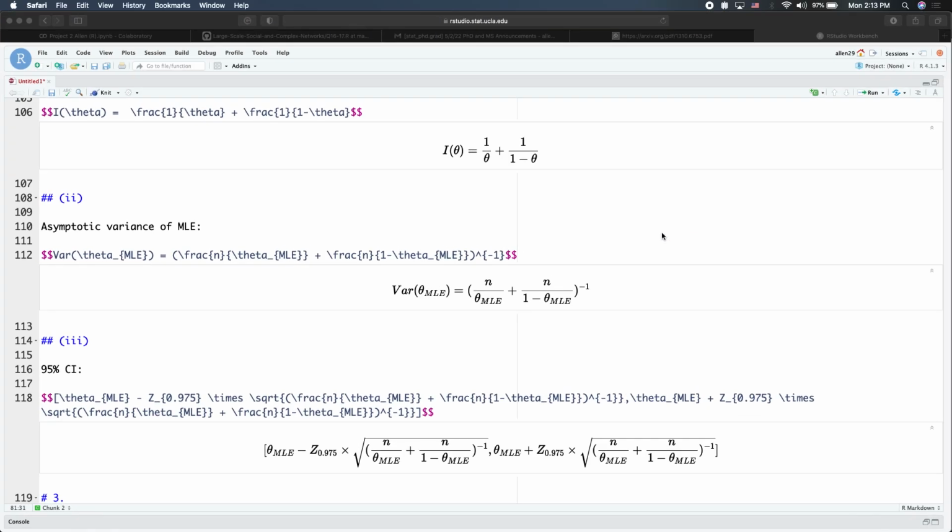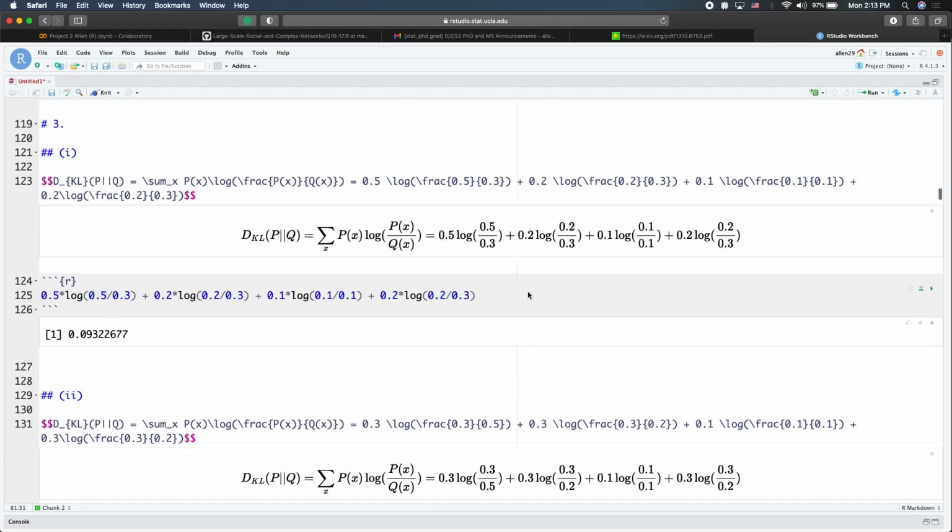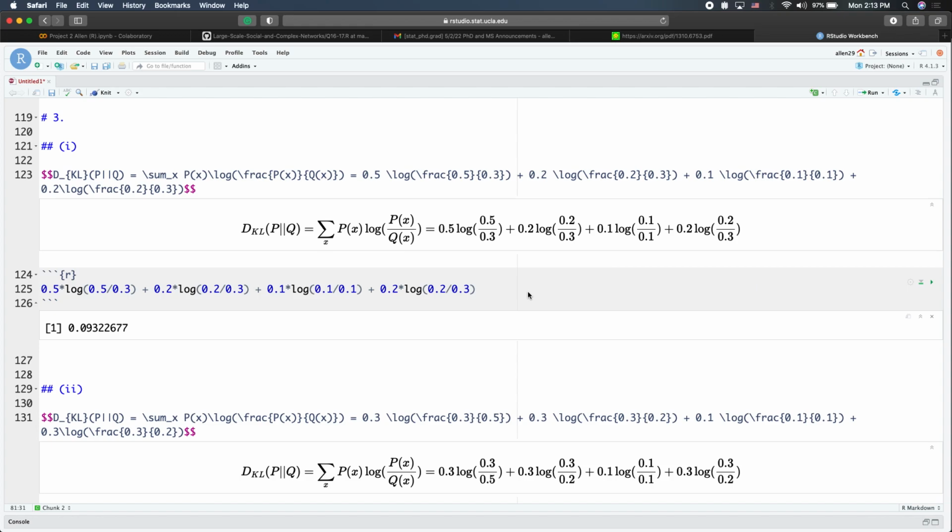To calculate that, we basically just plug in numbers into the KL divergence formula. The KL divergence from P to Q is the summation over all possible x in the sample space, which is 0, 1, 3, 5 in our case, or 4 categories, of the probability for that observation multiplied by the log of the probability for that observation over the probability from the other distribution of the same observation.